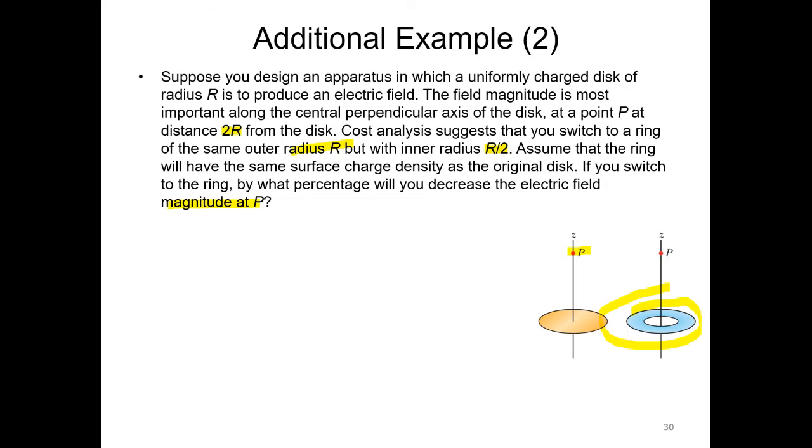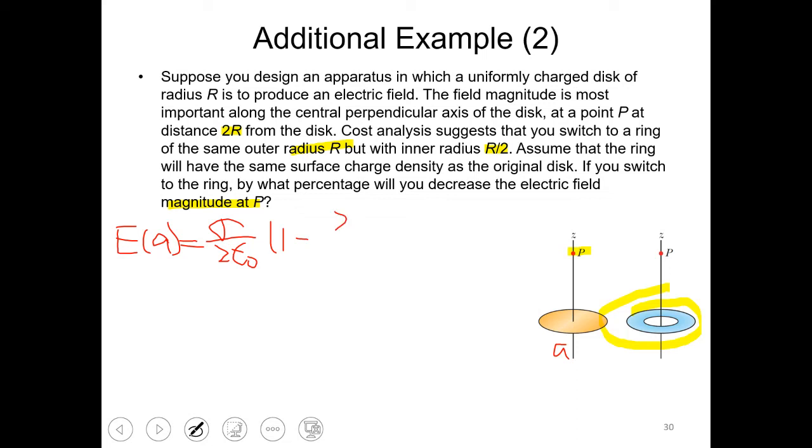So actually, we call this one A. The E generated by A will be sigma over 2 epsilon 0, times 1 minus 2R over the square root of 2R squared plus R squared. 2R is actually the z.